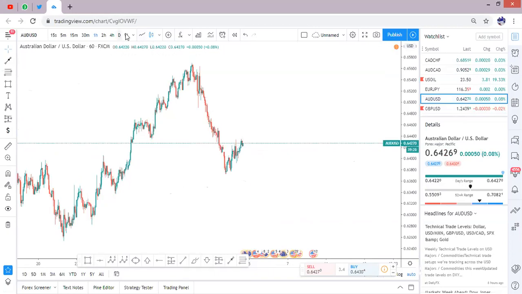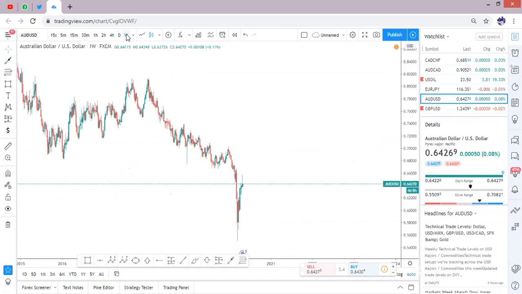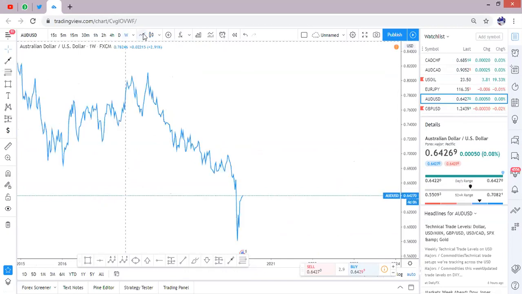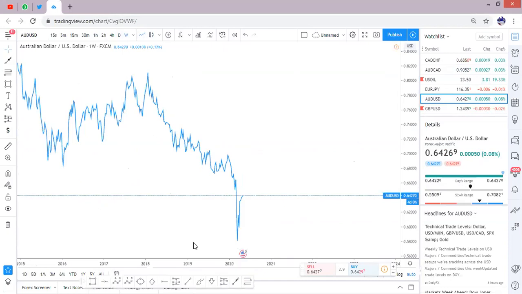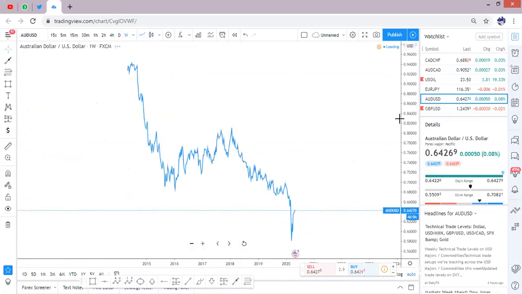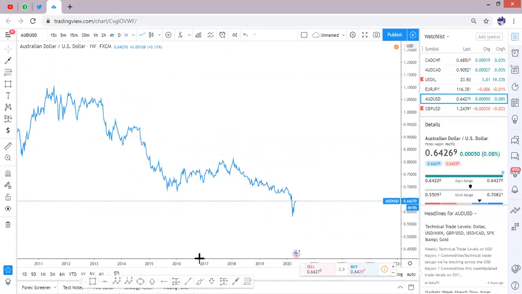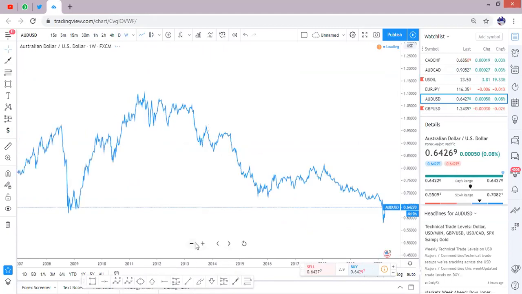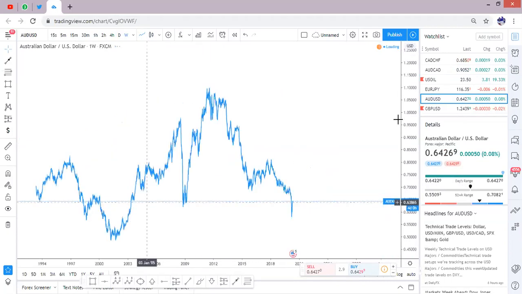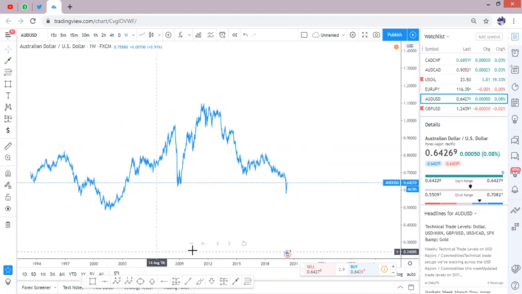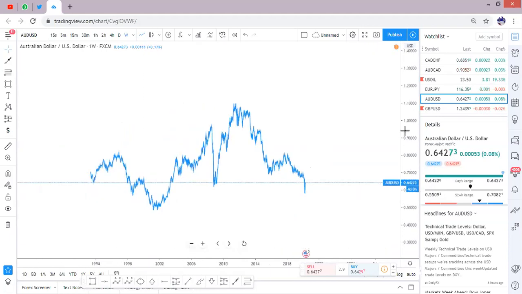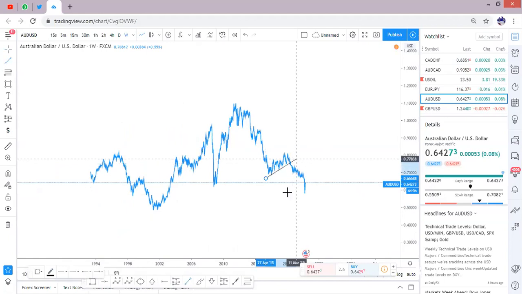AUDUSD, moving on to the next one. You can see a flag here.